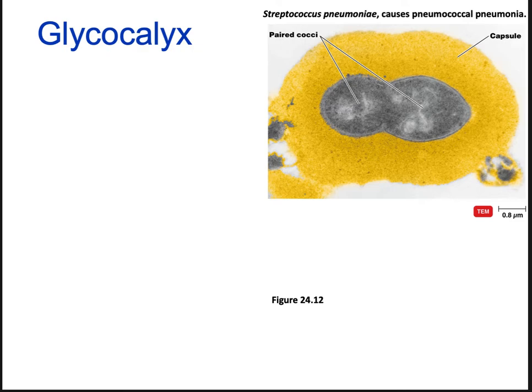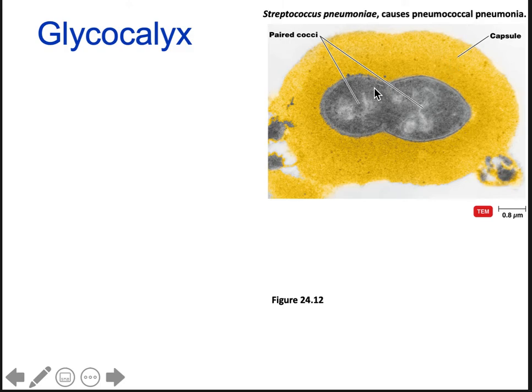Okay, so some diplococci, such as Streptococcus pneumoniae, which causes pneumococcal pneumonia, which we do have a vaccine for, and you should be vaccinated for this. Make sure you get your vaccinations.